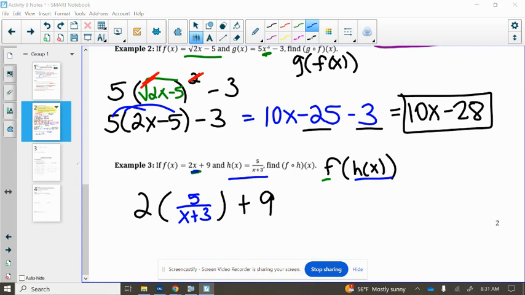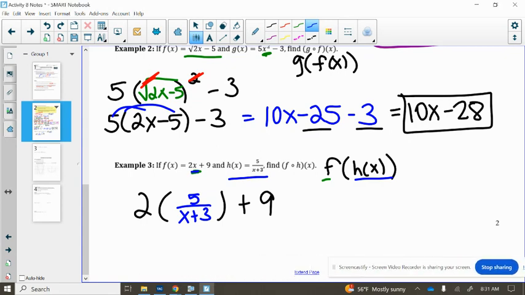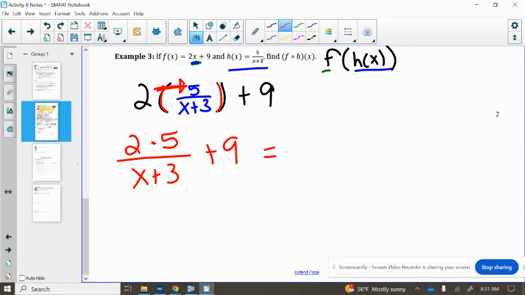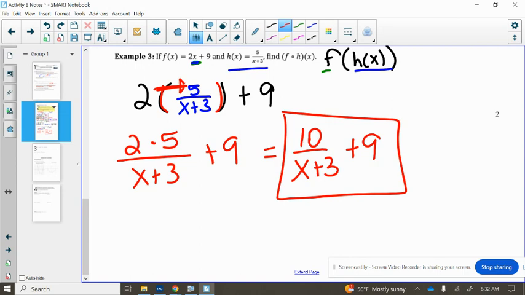Well, when we start simplifying this, what we notice is the only thing we can simplify is that we are multiplying 2 times this piece here. The 2 is going to be multiplied by the 5 when we distribute, and we won't have to worry about distributing to the x plus 3 because this goes with the numerator. So our final answer ends up just being 2 times 5, which is 10, over x plus 3, plus 9. And that's as simplified as that one is going to get.